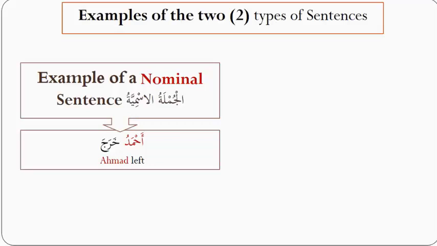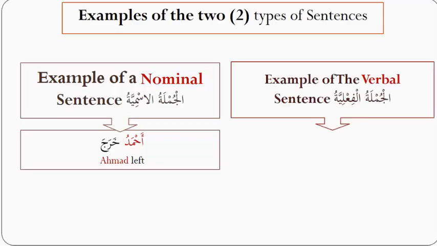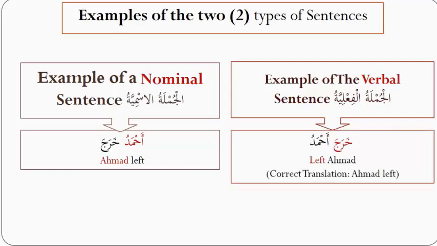Kharaja means to leave. So Ahmad left. Now, an example of the verbal sentence, al-jumlatul fi'liyya, is kharaja Ahmadu, which if you translate it literally means left Ahmad. The correct translation is Ahmad left.